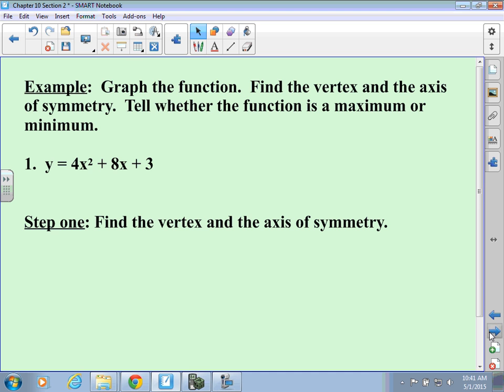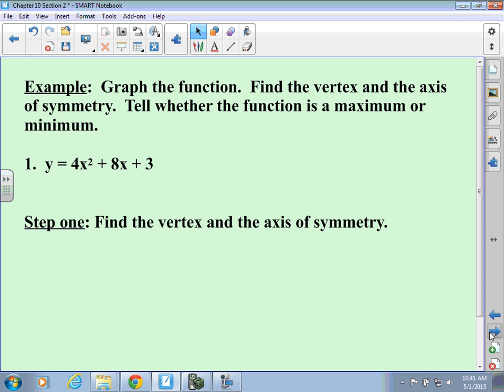So notice the problem says to graph the function, find the vertex and the axis of symmetry, and tell whether the function is a maximum or minimum. Now, if you remember yesterday when we graphed, we said that we would do -1, 0, and 1, correct?